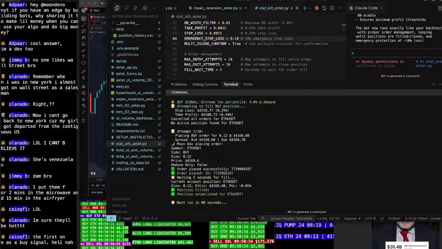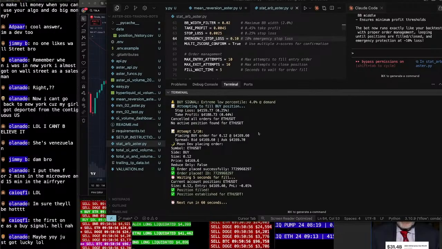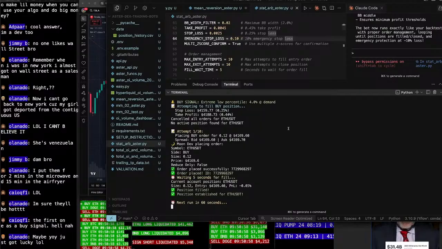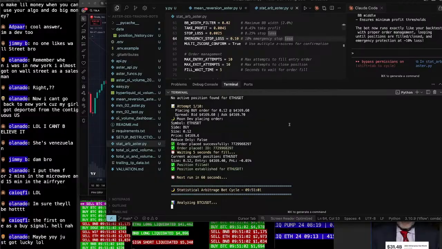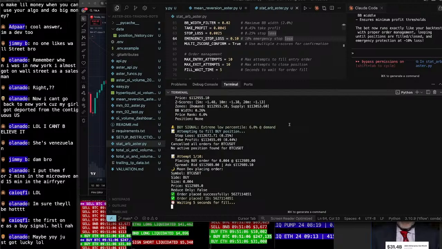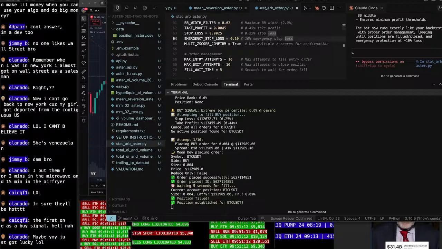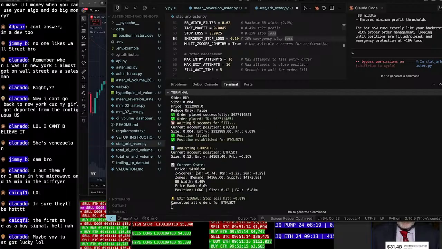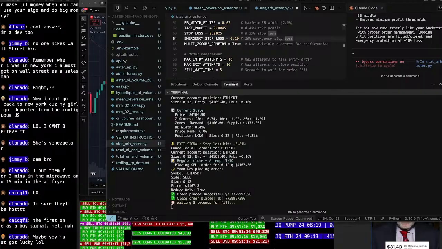I know, dude, I'm gonna get smoked on this. Can't run the first second and find a buy signal. I see why there was 4,000 trades. And it's placing a buy on BTC as well, dude. Oh boy, this is gonna be a long, long day with this bot, bro.